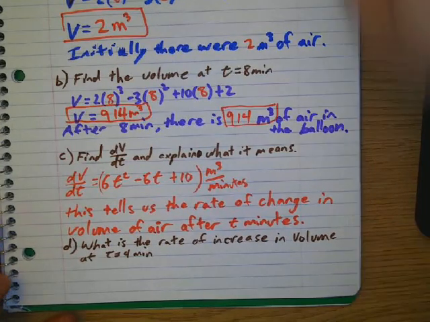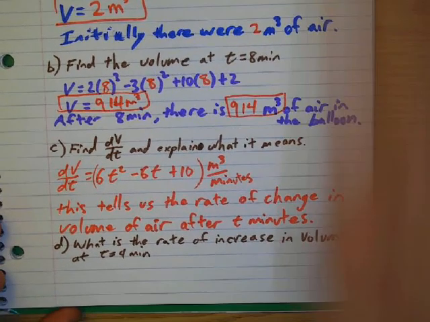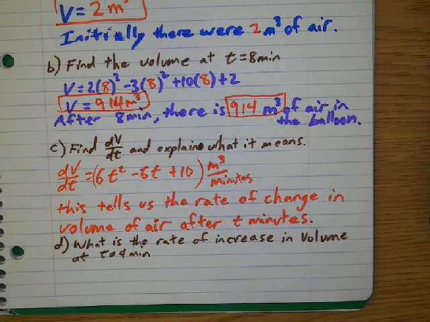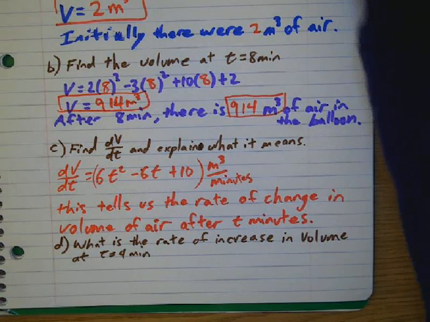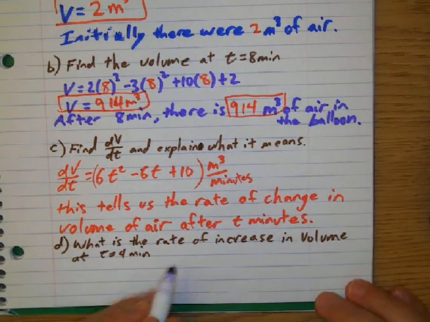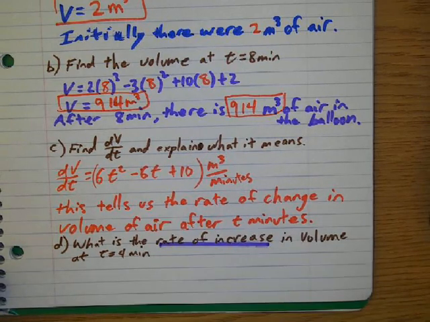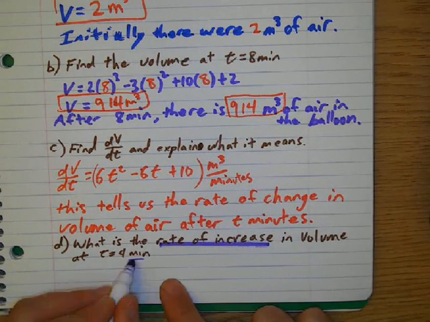So let's answer this last one here. What is the rate of increase of volume at t equals 4? So when they're asking for the rate of increase, now I'm going to use my derivative formula and plug in 4 for t.